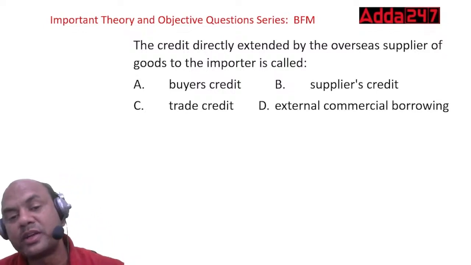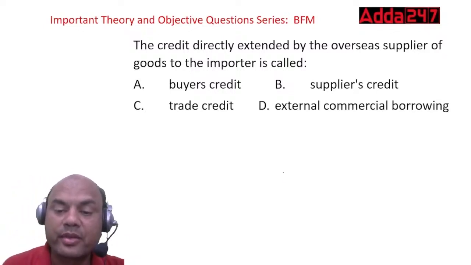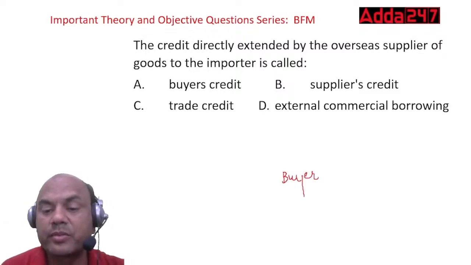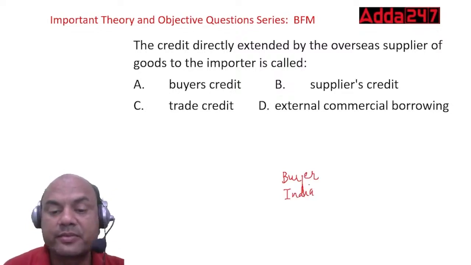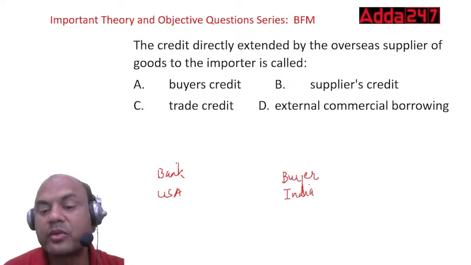See this. What did we discuss earlier in buyer's credit? This was a buyer. Buyer was from India, right? He arranged for the credit from USA. Some bank he arranged. So the bank gave him the loan. And then what did he do?